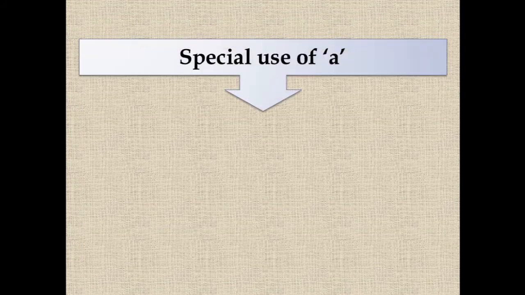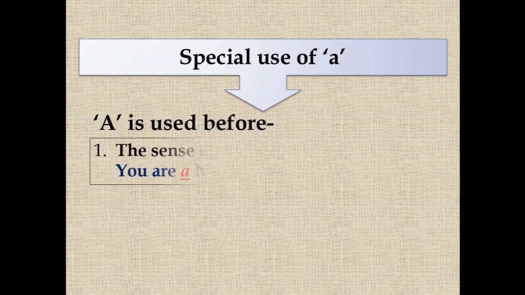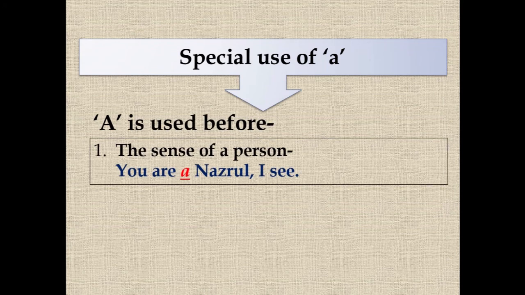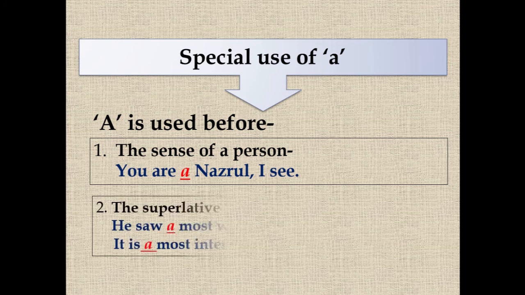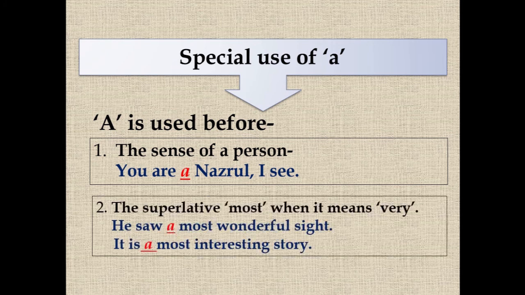The special use of a. A is used before the sense of a person. You are a Nazrul, I see. The superlative most when it means very. He saw a most wonderful sight. Or you can say he saw a very wonderful sight.